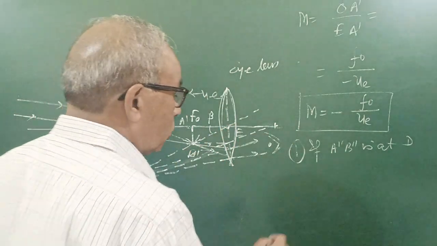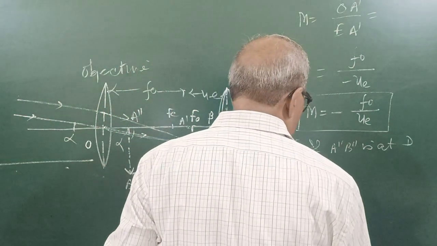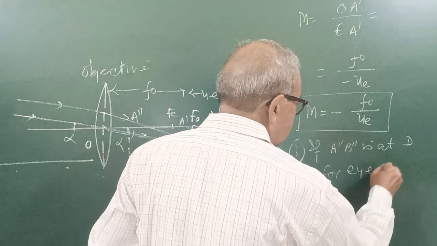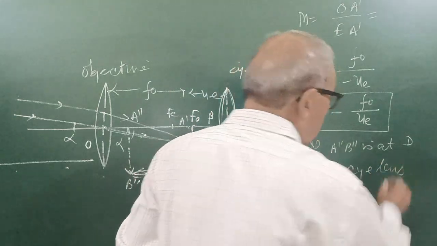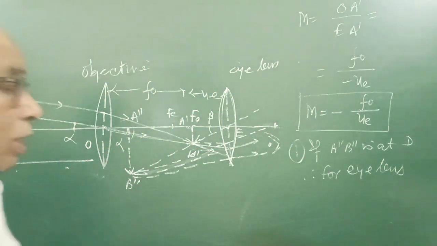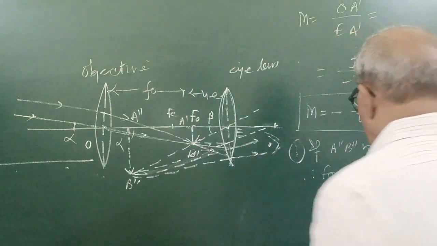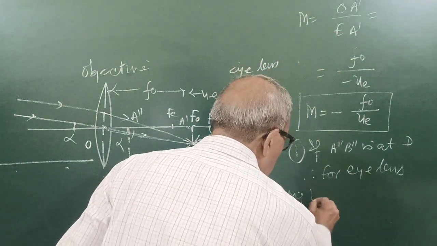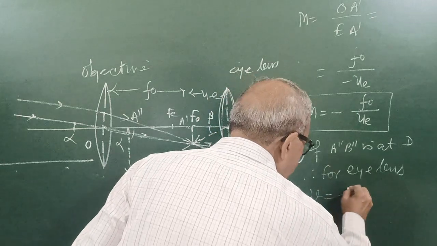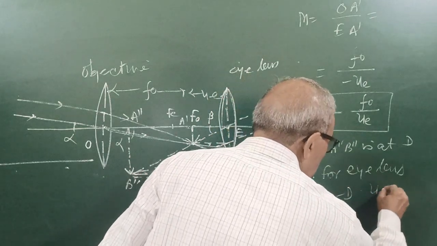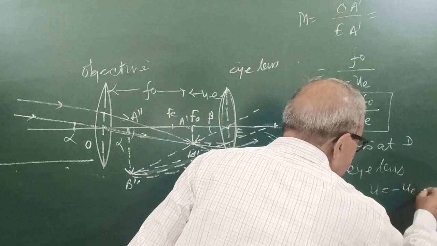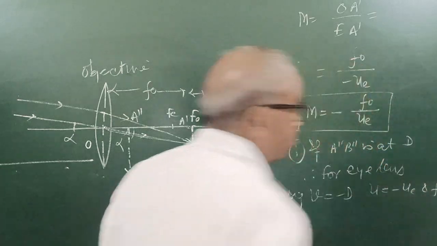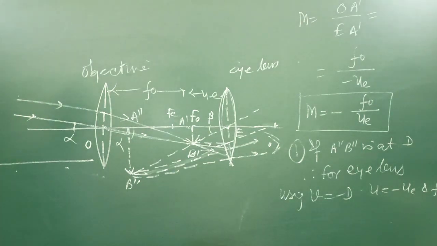So for the eye lens, using the lens equation, V equal to minus D, U equal to minus UE, and F equal to FE.